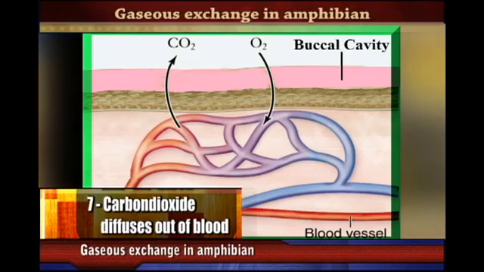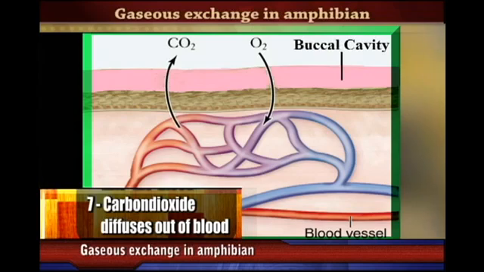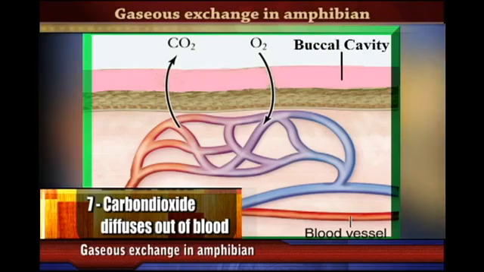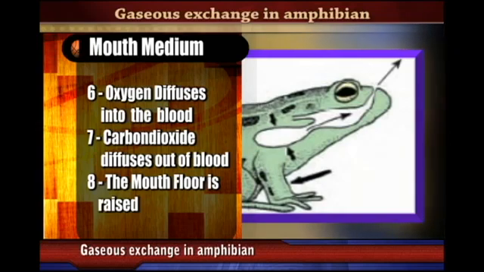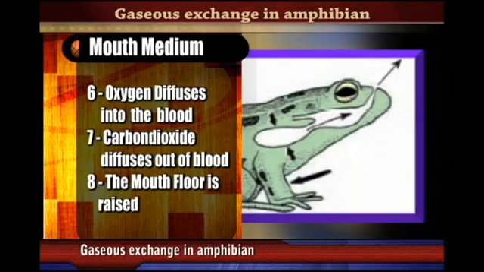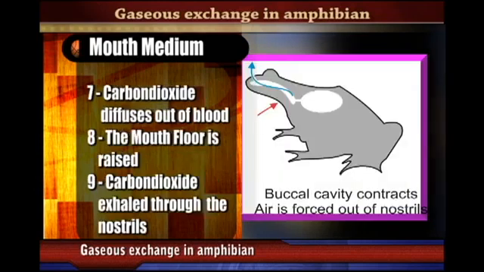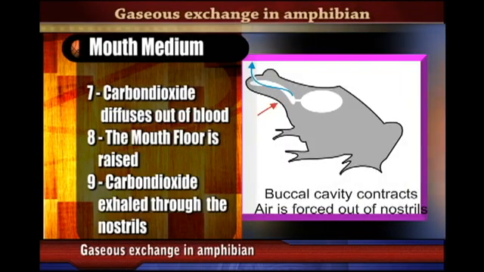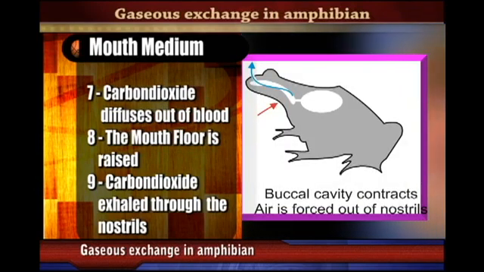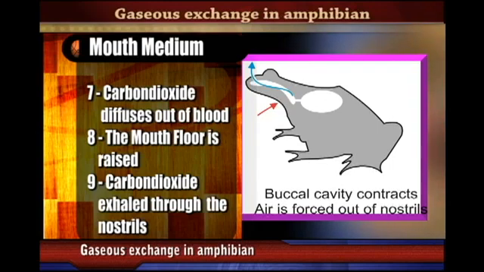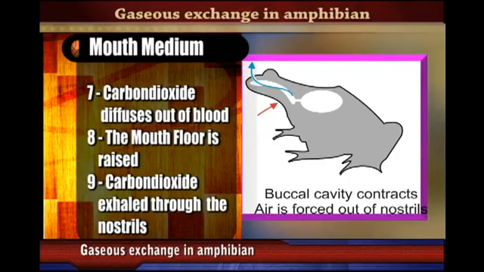Carbon dioxide diffuses from the blood tissues into the buccal cavity, and the mouth floor is raised. When it is raised, it forces out carbon dioxide to the atmosphere via the nostrils. That is gaseous exchange in the buccal cavity, or mouth respiration, in the frogs.